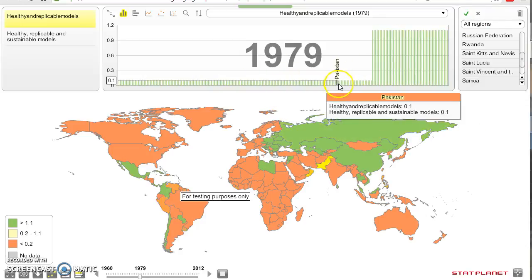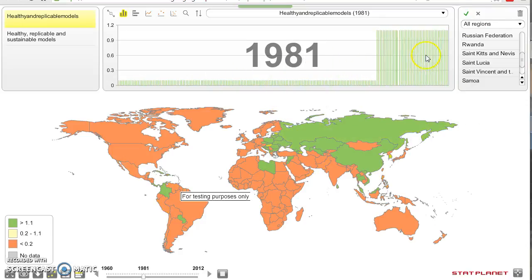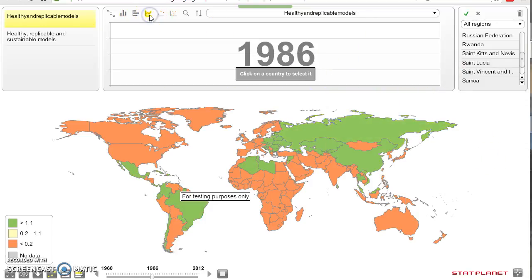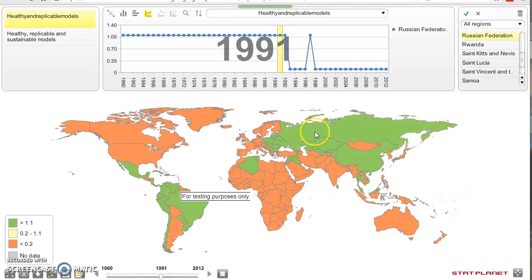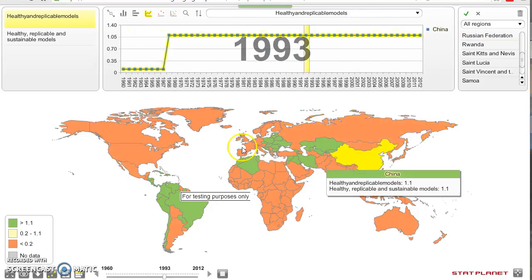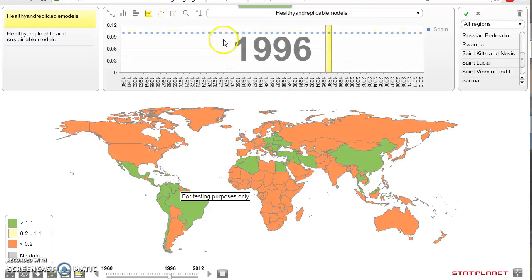You see all the countries that were not healthy or not sustainable and the group of countries that were. You can also look at a given country with this line chart, as we've done with Russia and China. You see what happened to Spain.